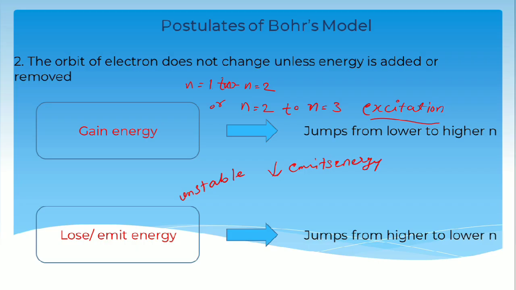For example, we can say from n equals 3 to n equals 2, or n equals 2 to n equals 1. This process we call de-excitation.